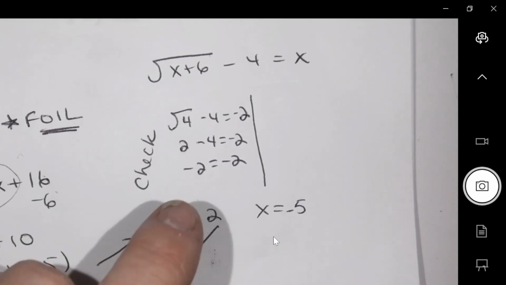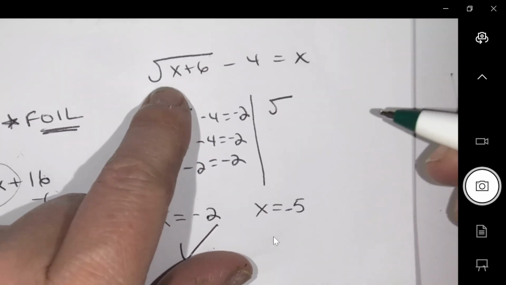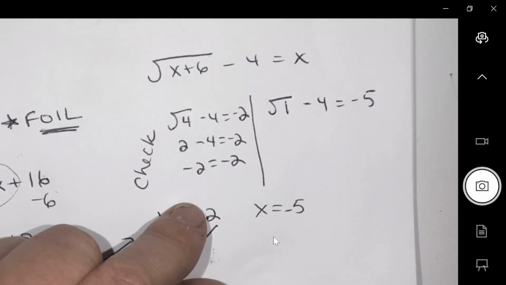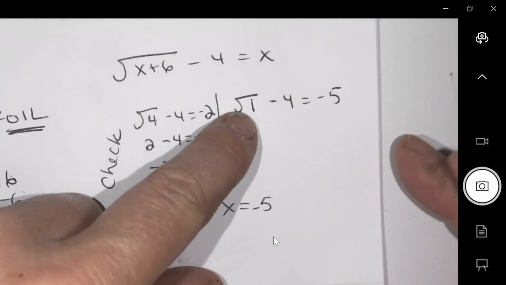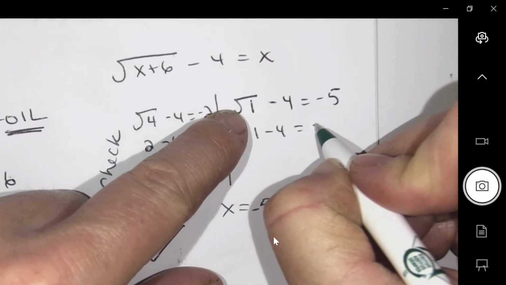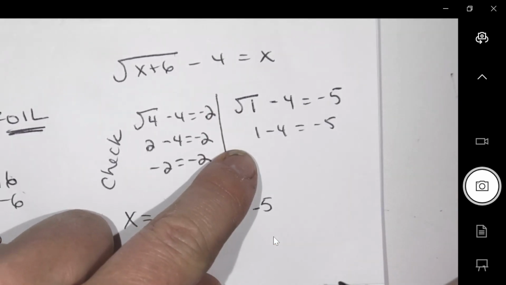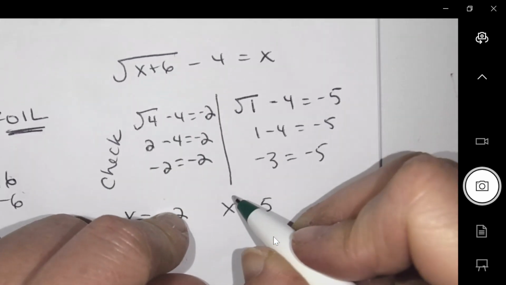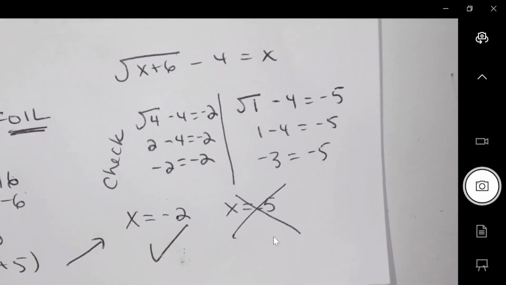So now, if I plug the -5 in, -5 plus 6 is 1. The root of 1, 1 minus 4 is -3. So that answer did not work for us.